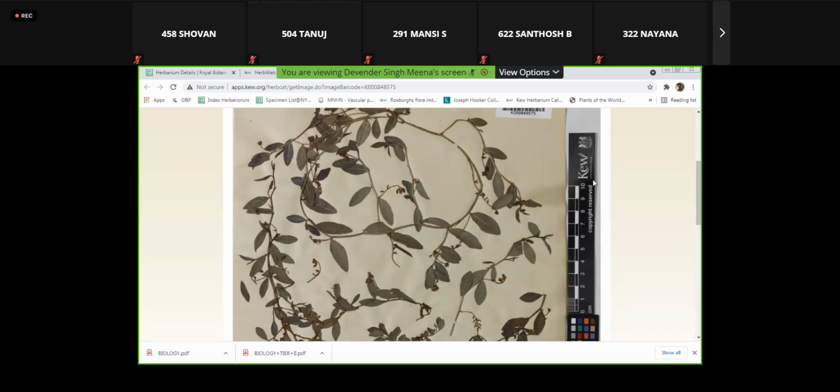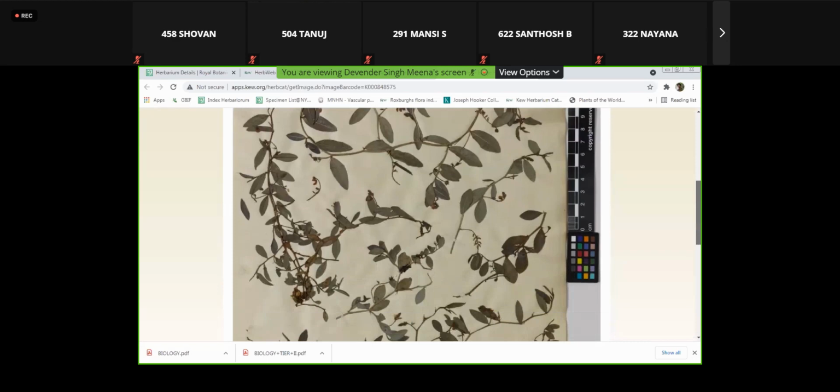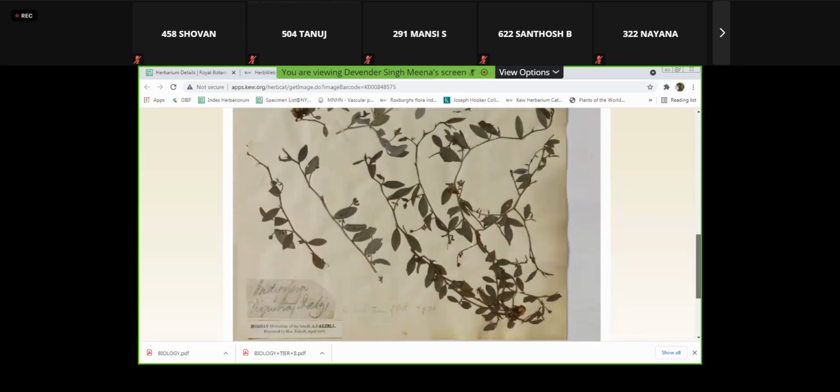That means if you are using these virtually accessed specimens for any reference, and if you are quoting these specimens somewhere, or you are using these photographs, then you have to take permission from the Kew Botanical Garden, right? Because all the content is reserved under the Copyright Act of IPR.